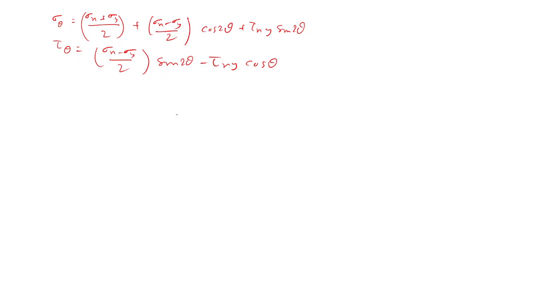So here what we'll do, we are trying to plot the variation of the stresses with the angle. That is our aim now. So we will modify this equation a bit. Take this term to that side: sigma theta minus (sigma x plus sigma y) by 2, whole square, equals (sigma x minus sigma y) by 2 cos 2 theta plus tau xy sin 2 theta.